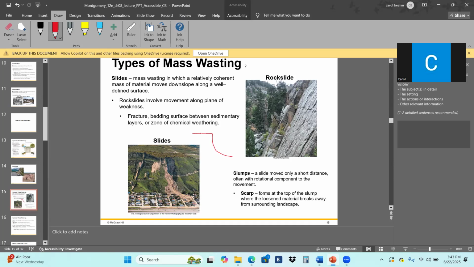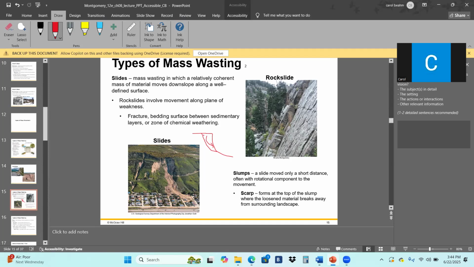If this is going to slump down, then this comes down and it slumps down and rotates, in this kind of motion.